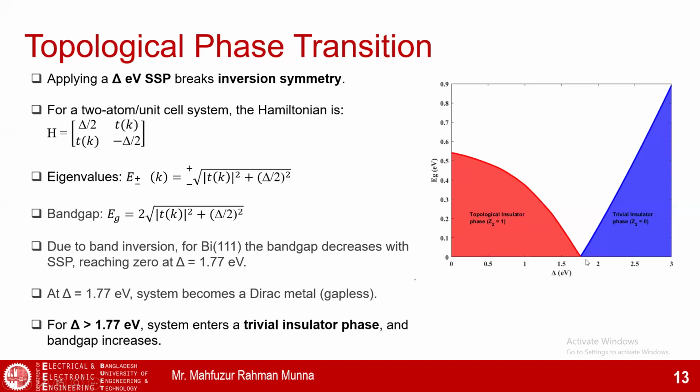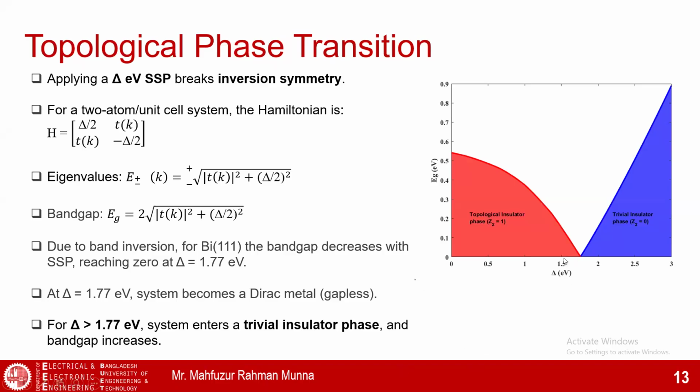And we have observed that at around 1.77 electron volt staggered sublattice potential, the system exhibits a Dirac metal phase. And if we increase the strength of the staggered sublattice potential further, then our system becomes a trivial insulator with Z2 index becoming 0.